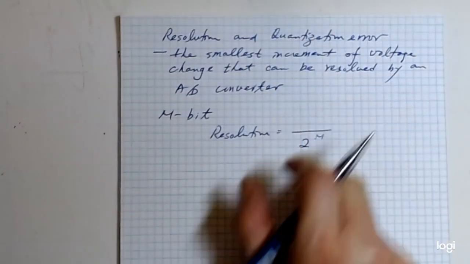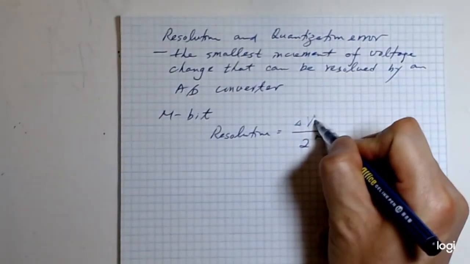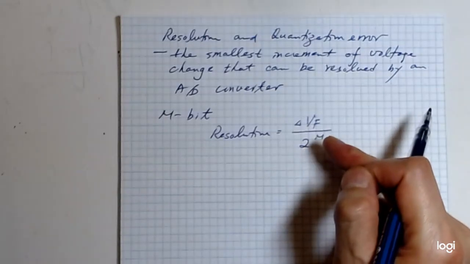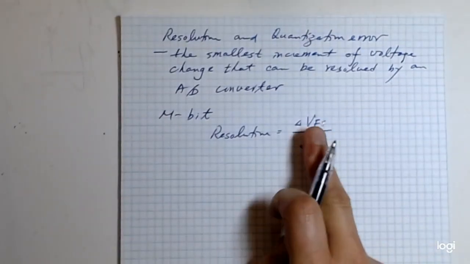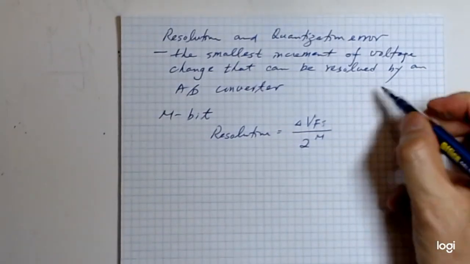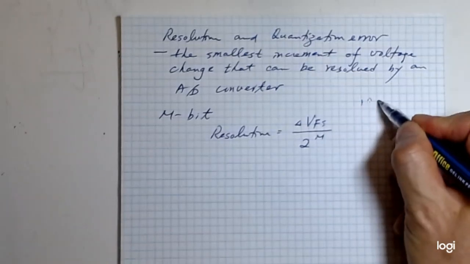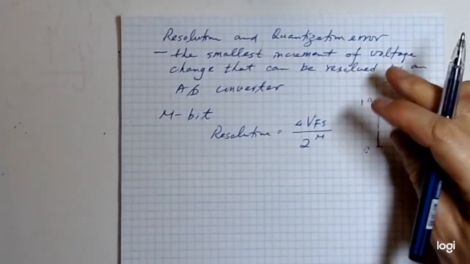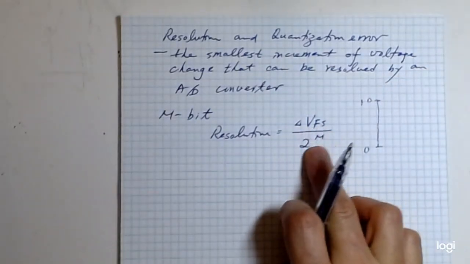So depending on your voltage range, full scale, whether it's unipolar or bipolar, but full scale. In other words, if it's from 0 to 10, we divide this by these numbers.